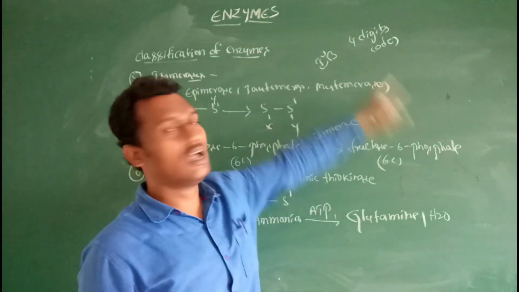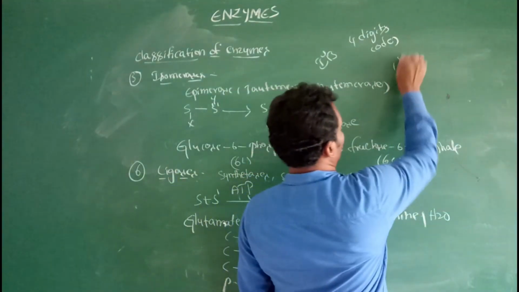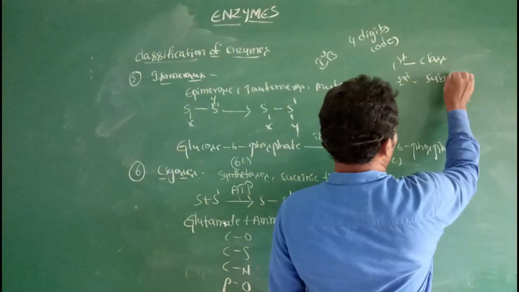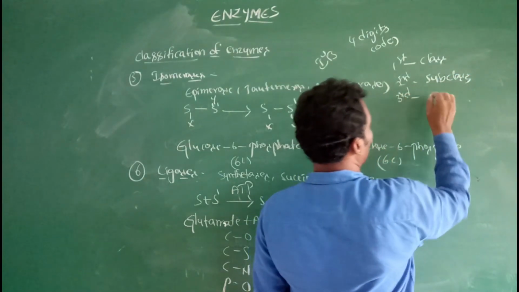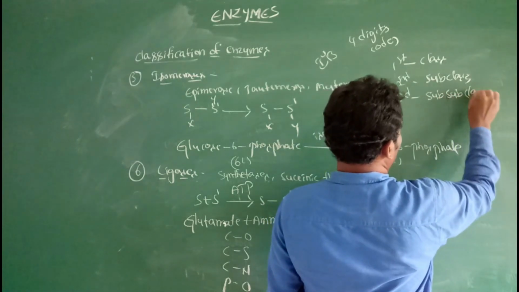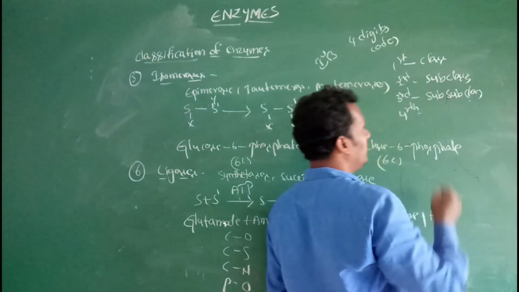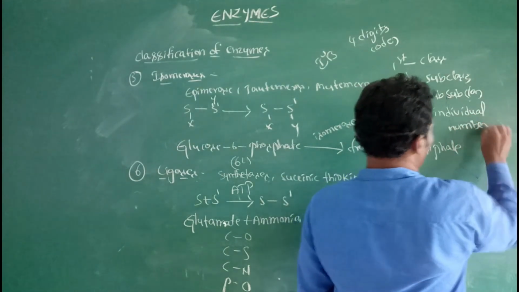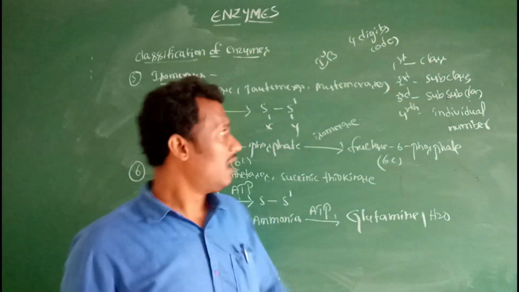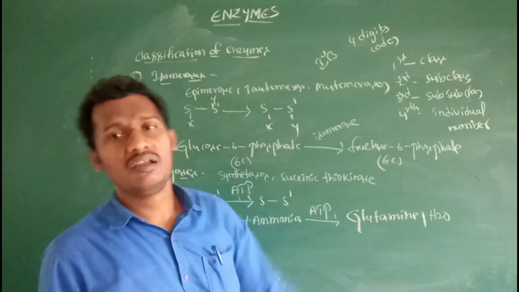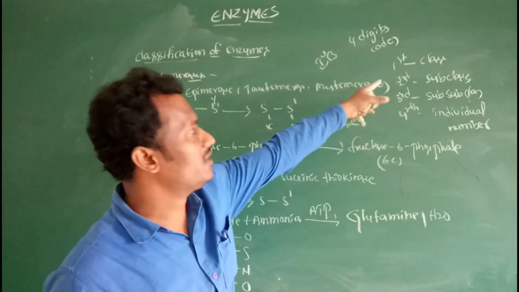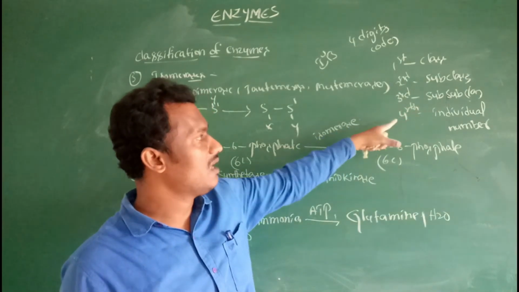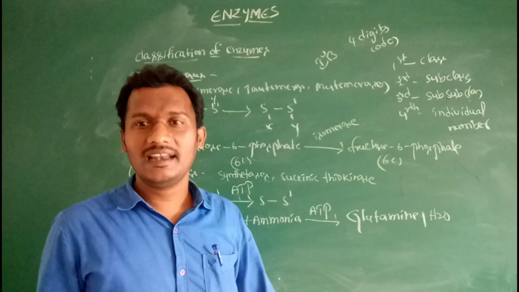The first code denotes the class, the second code the subclass, the third code the subclass, and the fourth code the serial number, the individual enzyme number, like a 4-digit number.